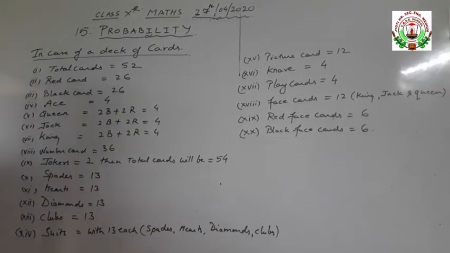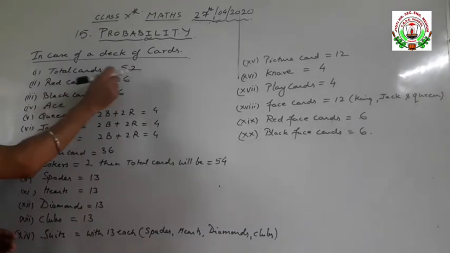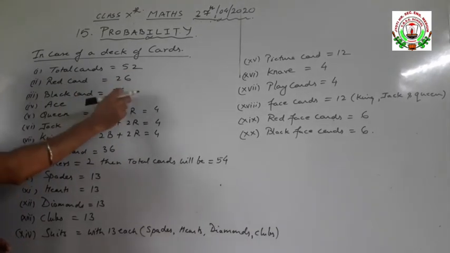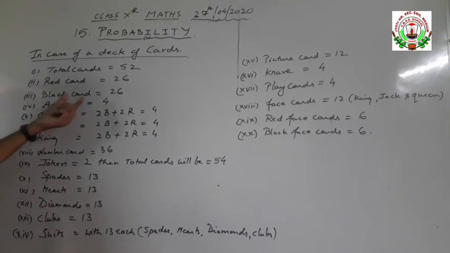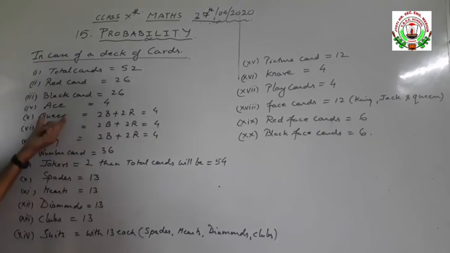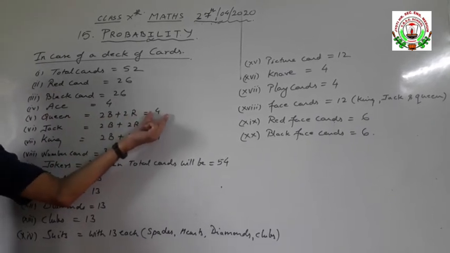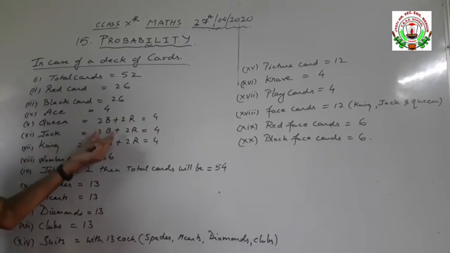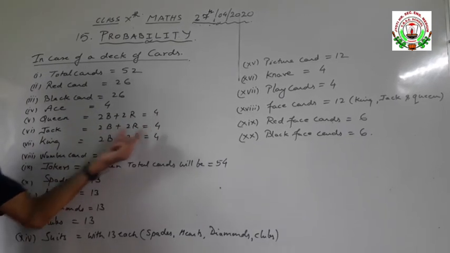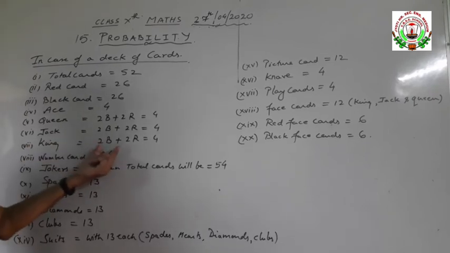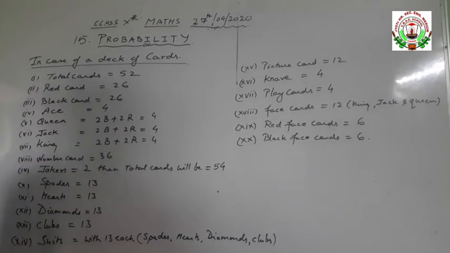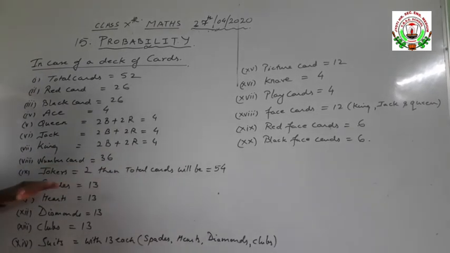Out of the 52 cards, red cards are 26, black cards are 26, aces 4 cards, queens 2 black plus 2 red, 4, jacks 2 black plus 2 red, 4, kings 2 black plus 2 red, total 4. Number cards 36.